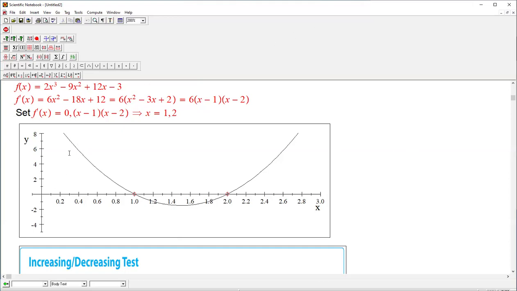It is positive here, positive here, and negative in between. So the interval from negative infinity to 1 is increasing because the derivative is positive, the interval after 2 is also increasing, and between 1 and 2 is decreasing.